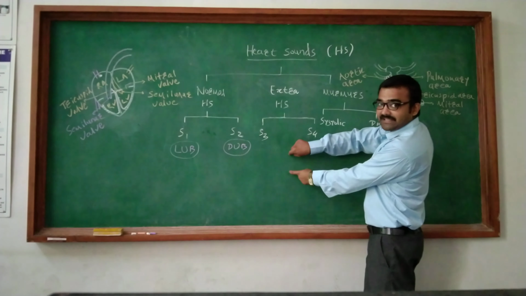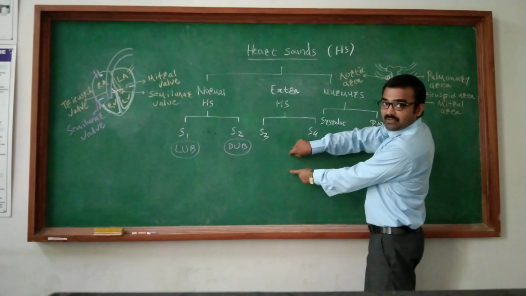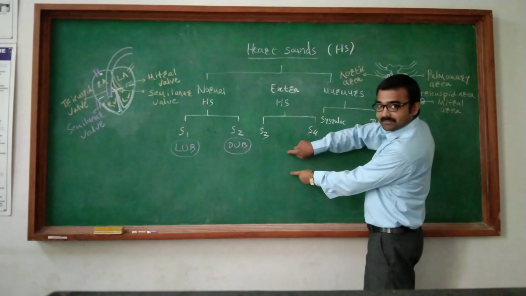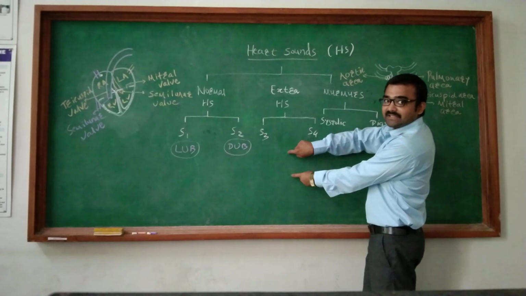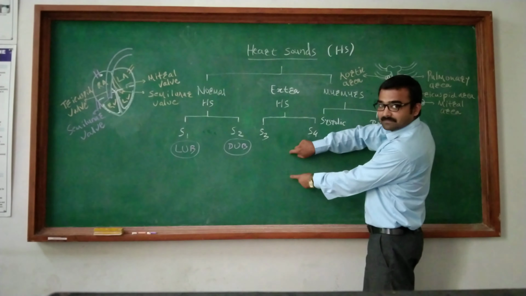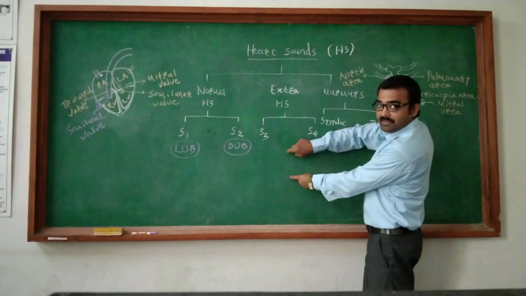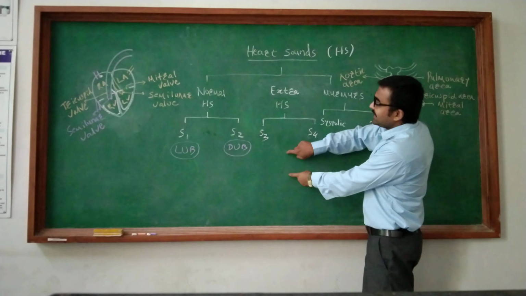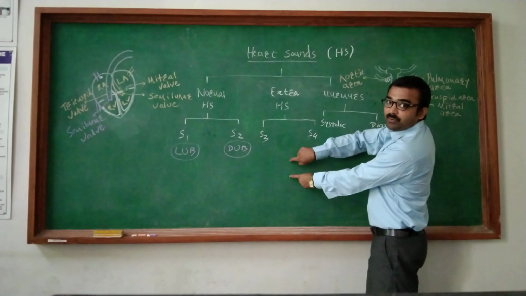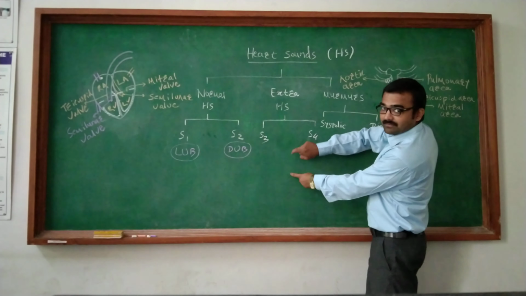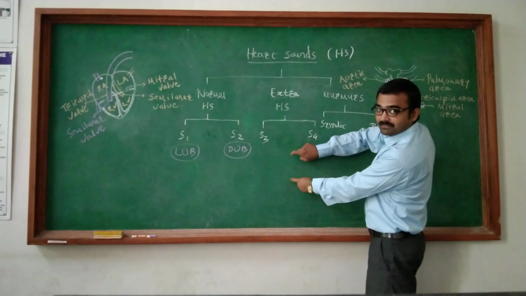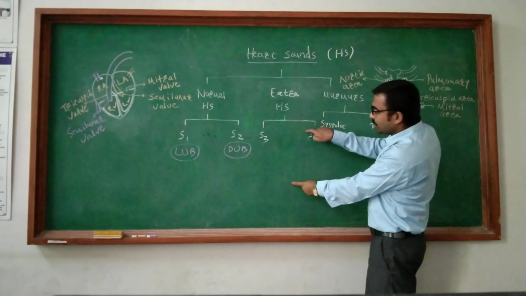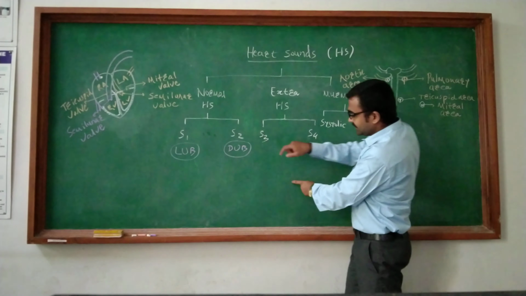So when you auscultate the chest wall, the heart sounds will be auscultated in this way. These are the normal heart sounds. S3 is always closer to the S2 sound, whereas S4 is closest to the S1 sound.